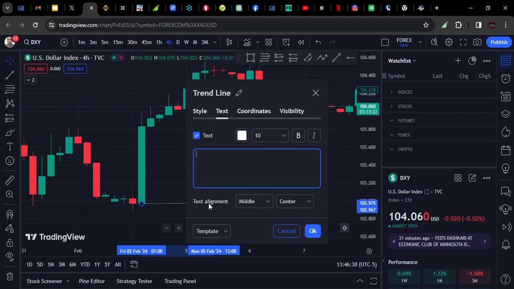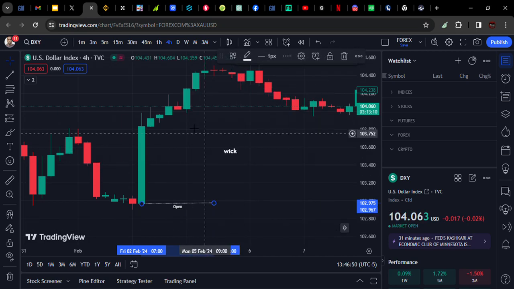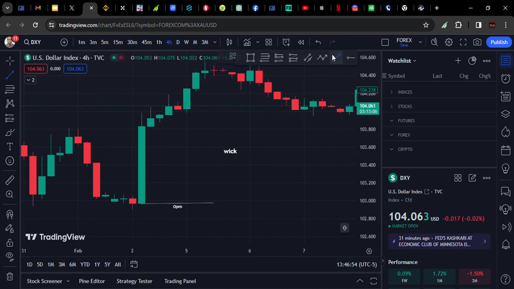So it opens from the bottom, and it closes at the top. This is where it closes.